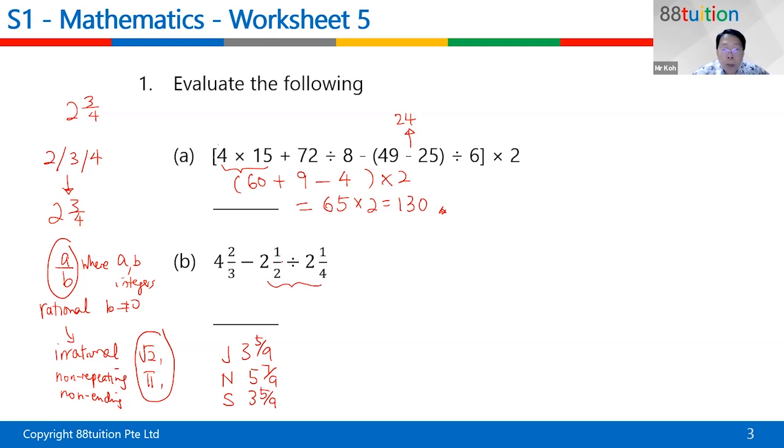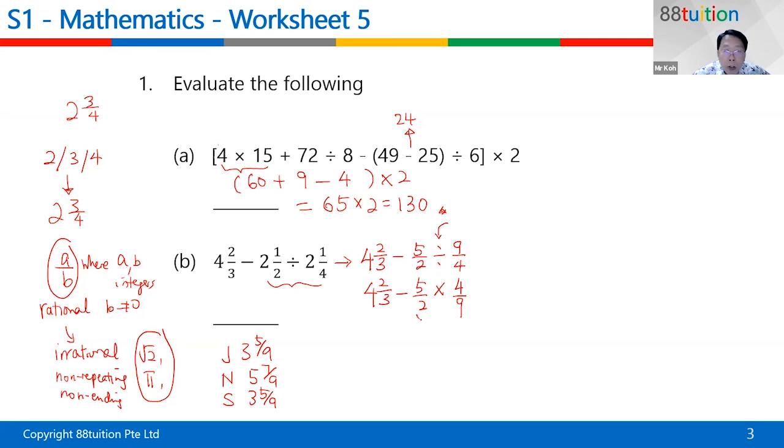So I hope you still remember how to change this to improper. So I'm going to write below here, okay? 4 and 2/3 minus, okay, so that gives you 5 over 2 divided by 9 over 4. Now, whenever you see a divide, you change to times, and you have to flip 9 over 4 to 4 over 9. Okay, so 5 over 2 remains, and 4 and 2/3.